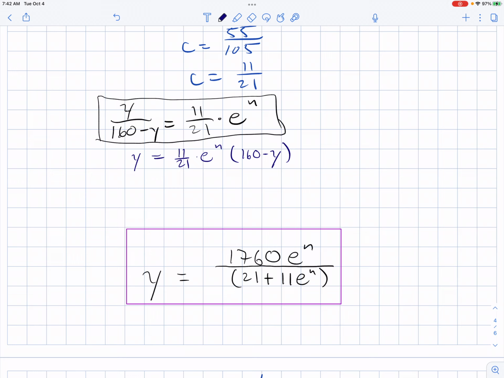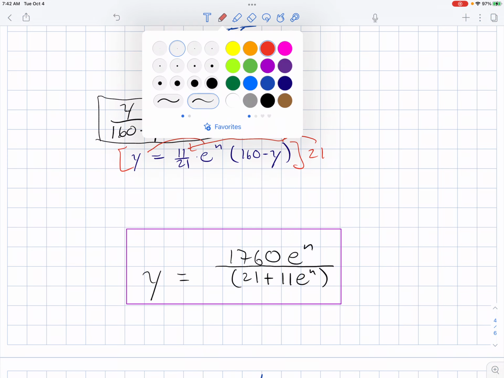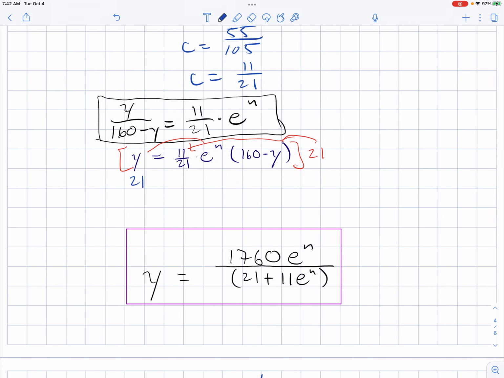And kind of simplifying a little bit, we can multiply everything by 21 to get rid of the fraction. Oops, I'm going to multiply it there, and then there, and then what that gives us is a slightly simpler equation to deal with, making it easier to solve for y.